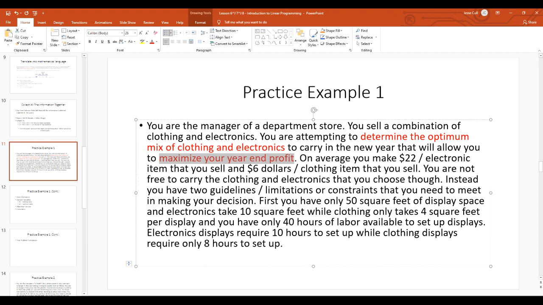When we have the numerical values associated with our choices, we can then write our objective function. So let's look at this question, and we see on average you make $22 per electronic item and $6 per clothing item. So now we have our numerical values, we have our parameters. From this information, now we can write our objective function.